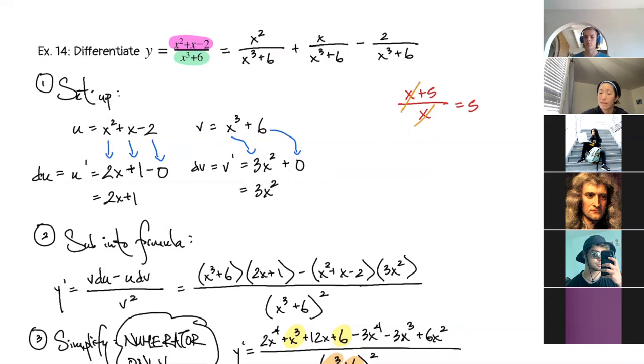Now, the funny thing is if I ask that same person what this is, they will always tell me 7 over 2. And they know that that is not equal to 5.